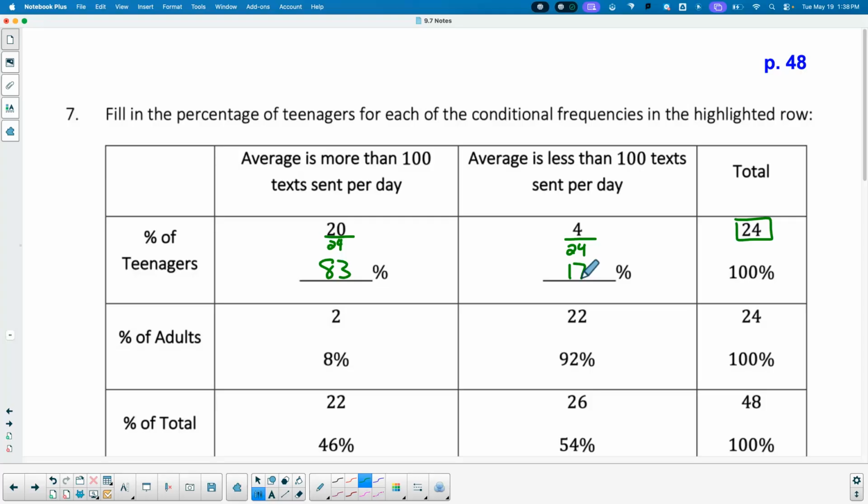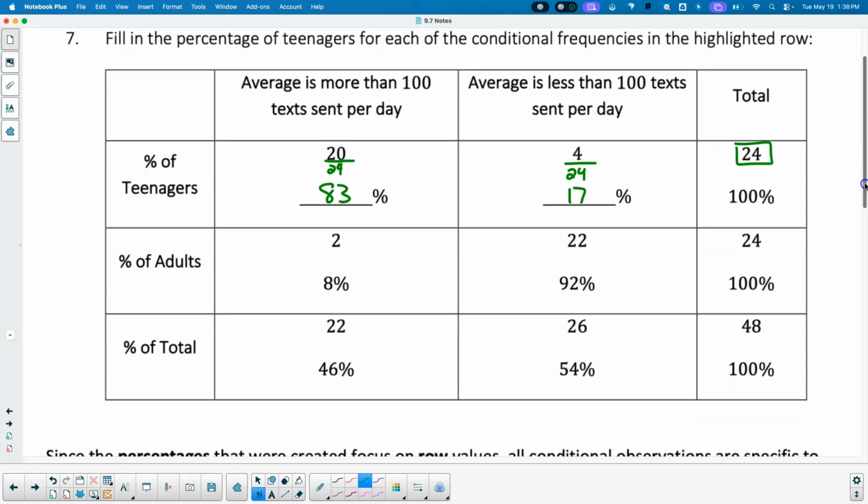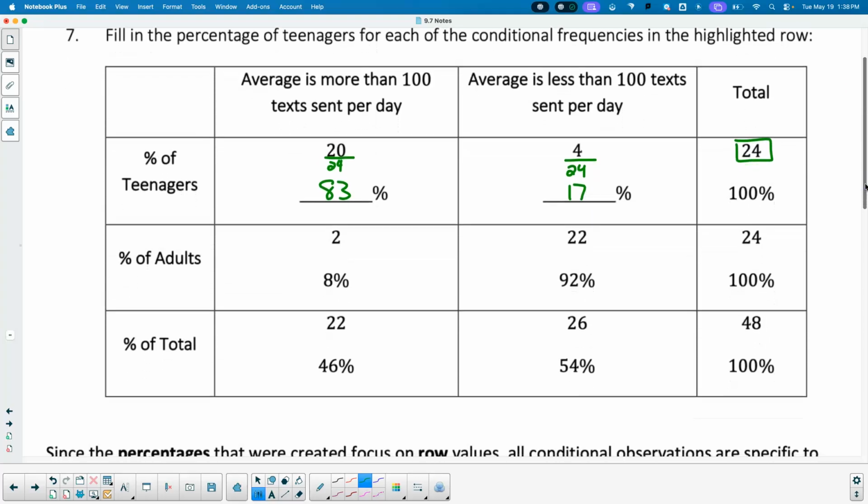The columns now won't add up, okay? Because we're not dealing with a whole table that adds up on the columns. We're dealing with of the row, okay? So this now would be 2 divided by 24 and 22 divided by 24, because that's that row. Check that out. Do we get 8 and 92%?